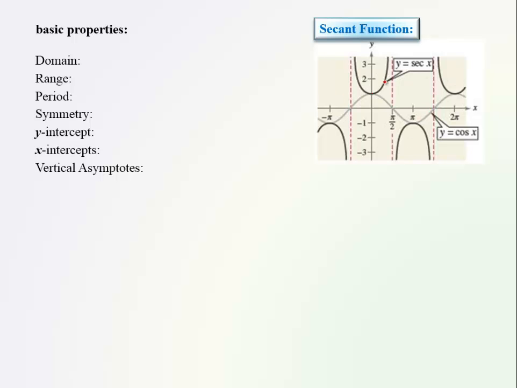Okay, so looking at the graph of secant, let's state the domain. Well, it's not all real numbers because we have to exclude the points where normally cosine was 0. So it's all real numbers except for those of the type pi half plus k pi, where k is an integer.